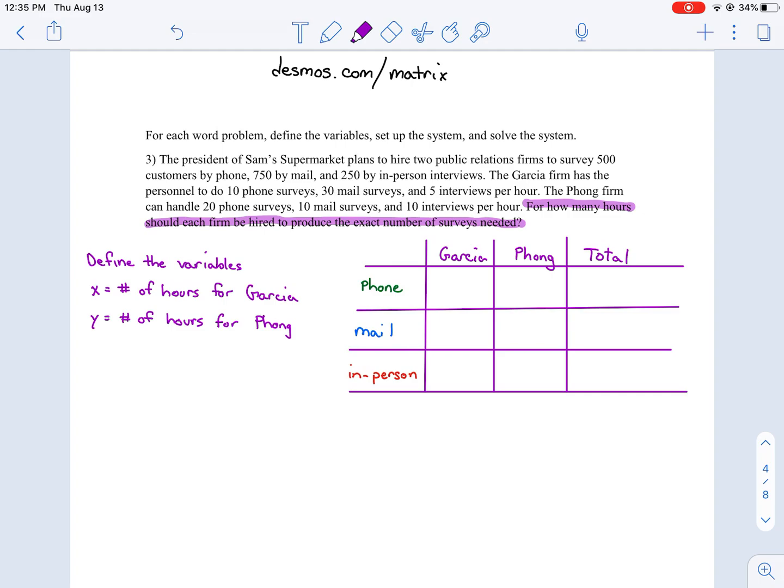Next, I'm going to organize my information so it is easier to create the system of linear equations. So starting with the phone, I'll highlight they need 500 customers to be interviewed by phone.